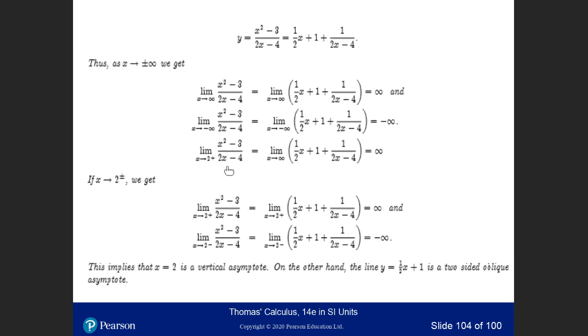Now, 2 is a critical number. Here, when x is equal to 2, the denominator is 0, but the numerator is not 0. So there's a vertical asymptote here at 2, because as x approaches 2 from the right-hand side, this is positive, and this is positive too. So the limit is plus infinity.